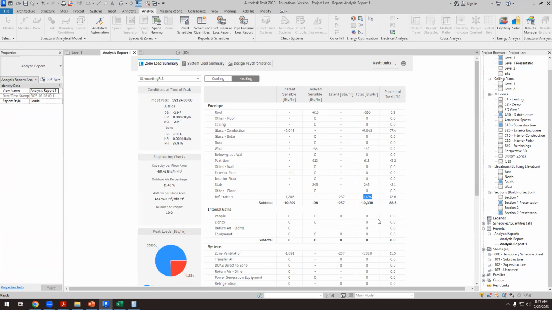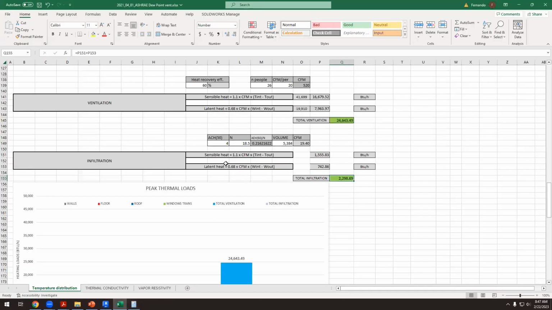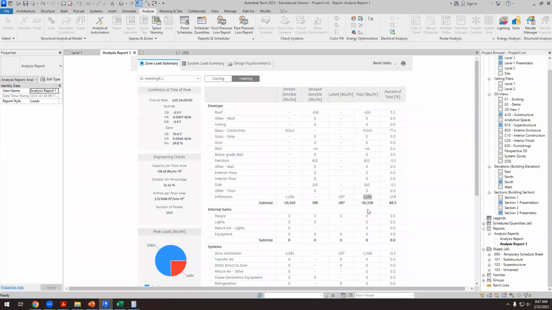What does it mean? That probably the air changes per hour at 50 is around 3, or 2.8, or 2.7. So now we have 1,500 in Revit, and here we have around 1,500 too.